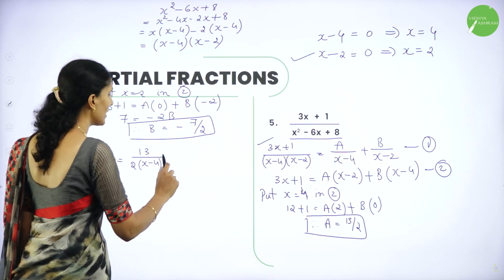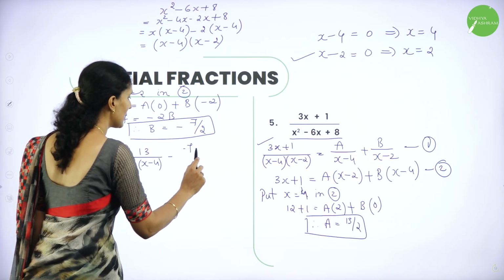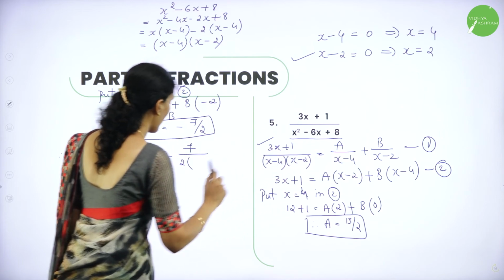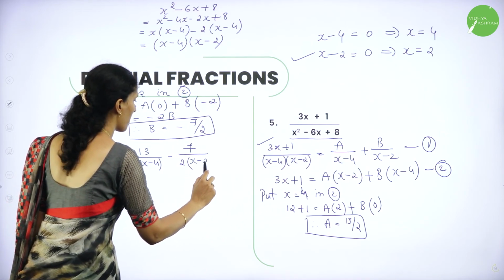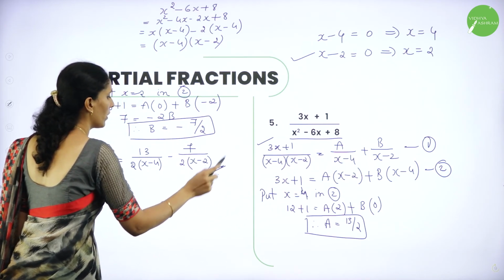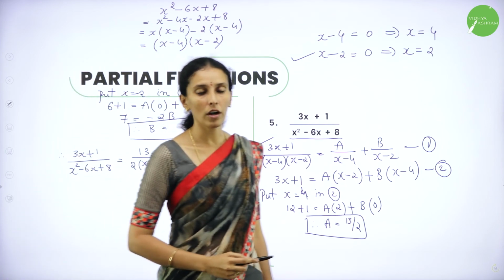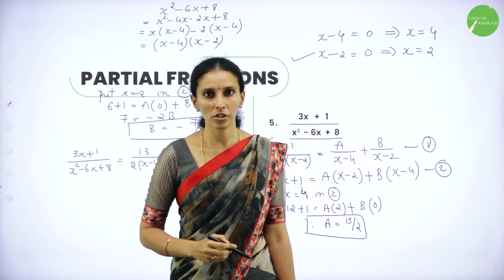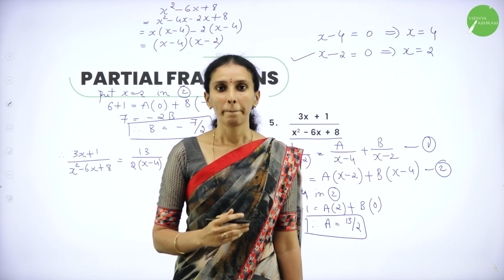And b is minus 7 by 2, so minus 7 divided by 2 into x minus 2. So thus we have resolved the rational function or rational fraction into two simple fractions.